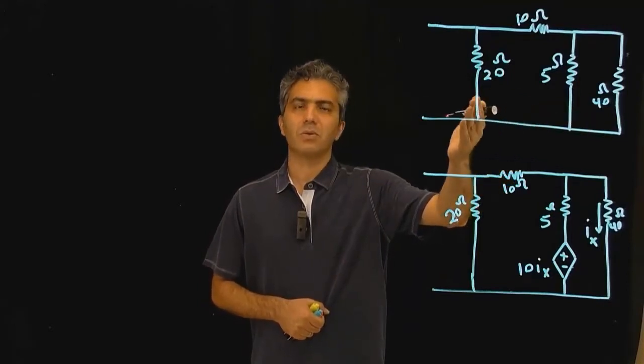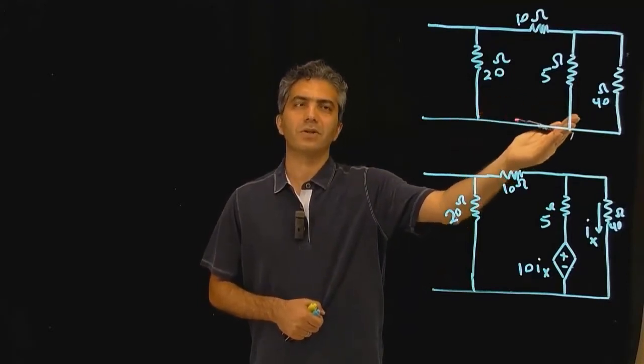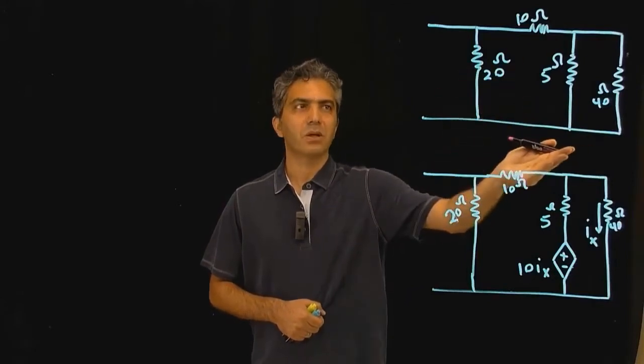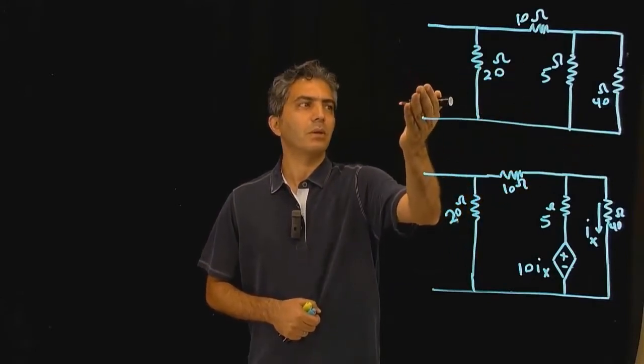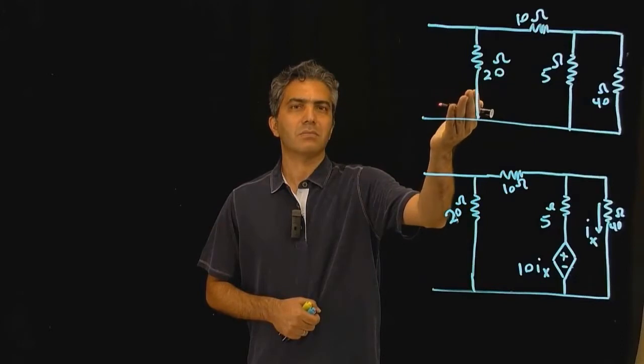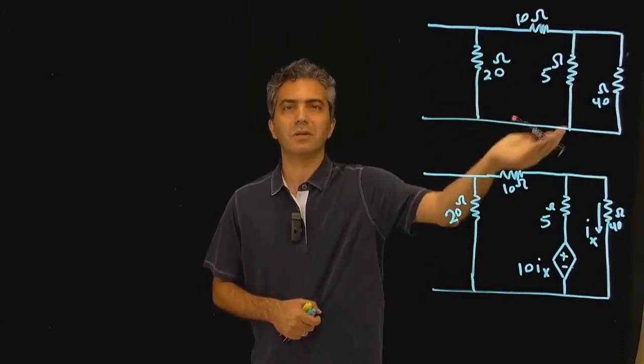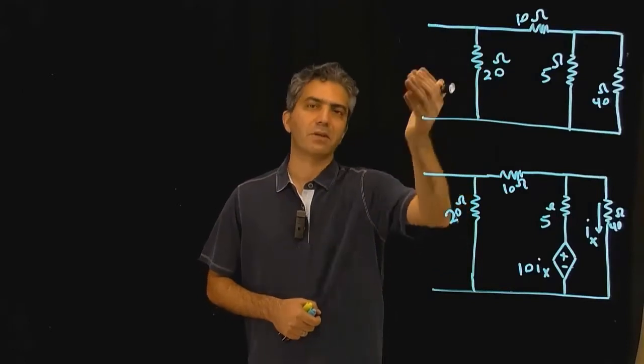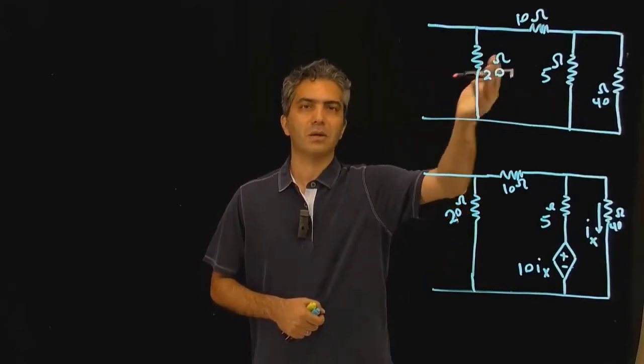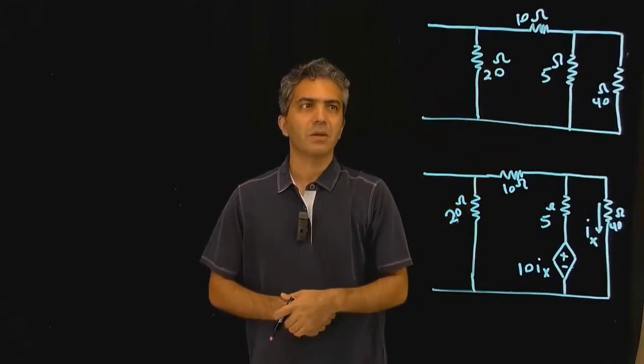In other words, there is no independent source of energy within this network. So if I leave this open, there is no reason for any electron to move within this circuit. If I just leave this open, there's no source of energy here.